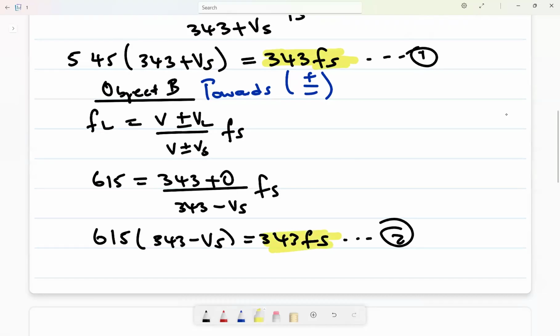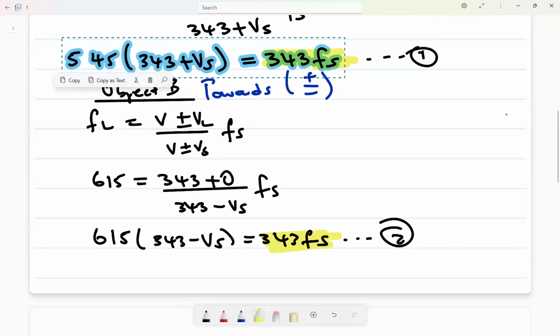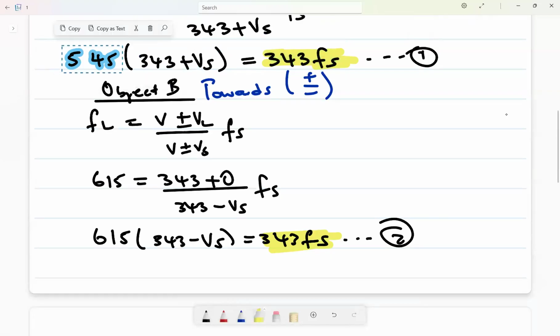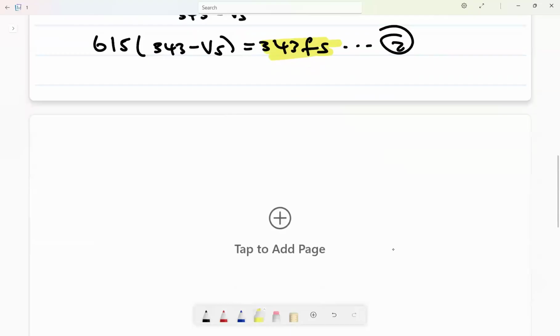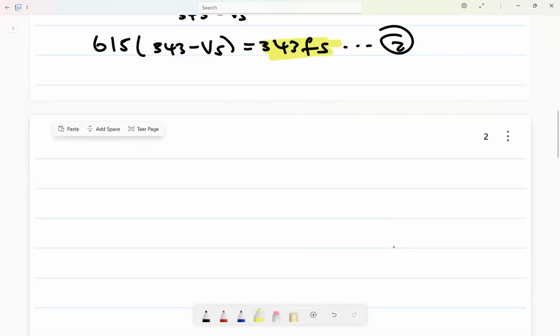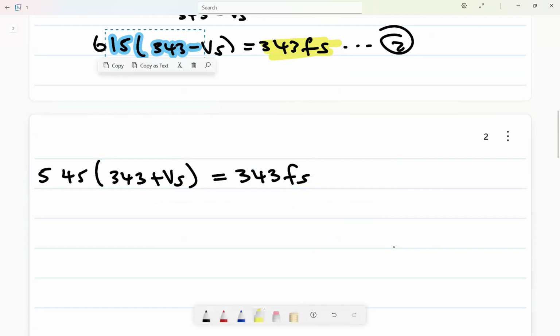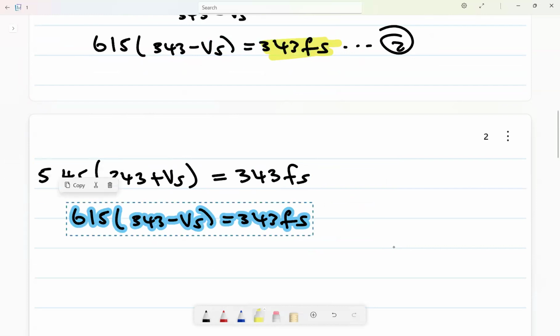So I can say, therefore, it means now, let me copy that and paste it here. Then copy this one and paste.